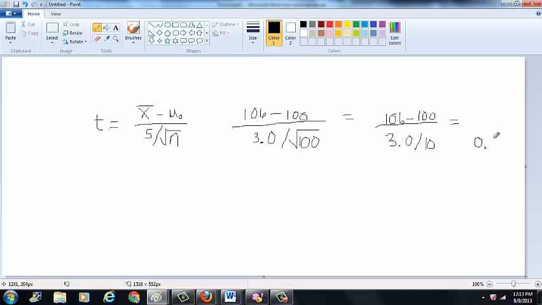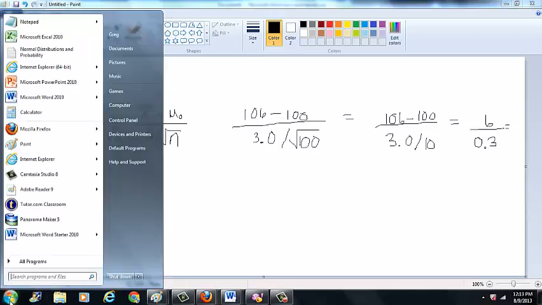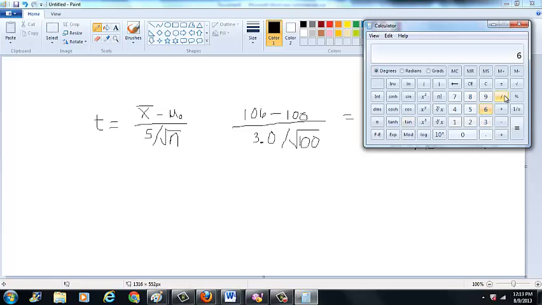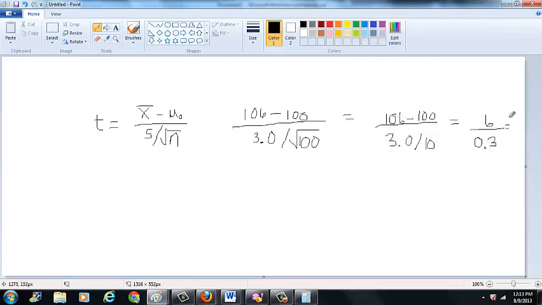The top is 106 minus 100, which is 6. So we have to divide 6 by 0.3. We can do that with our calculator. It comes out to 20. It's a big number for a t-score.